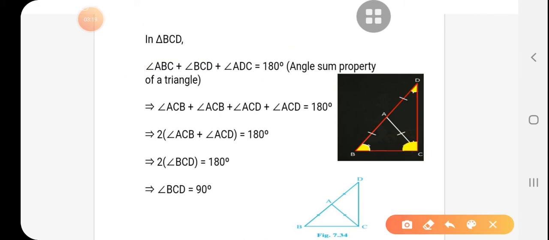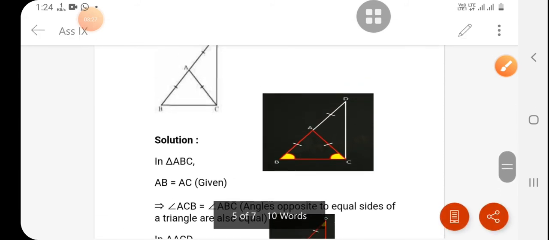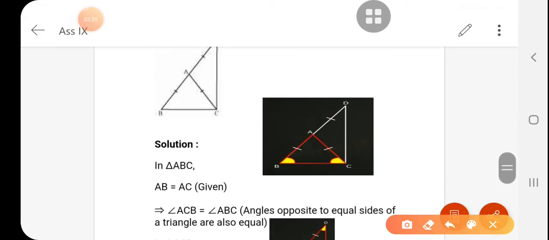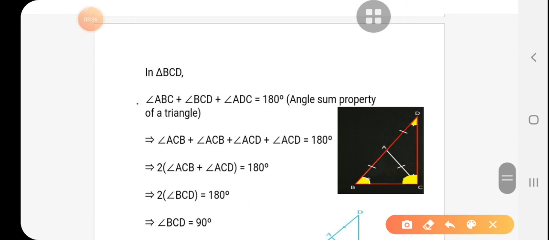Now see here angle ABC. So what is the value of angle ABC? Just see in equation 1, angle ABC is equal to angle ACB, so we will just put it. Angle ABC is ACB from 1.